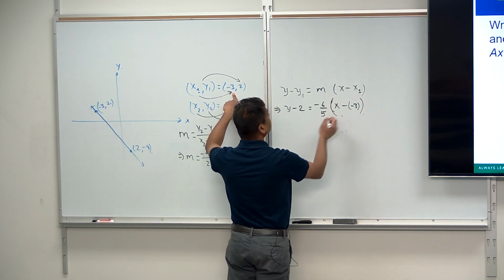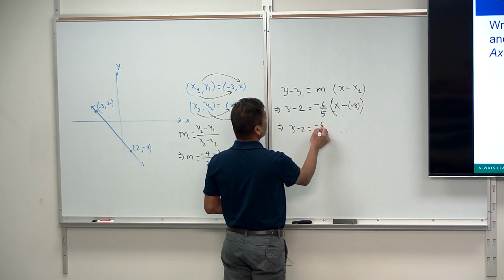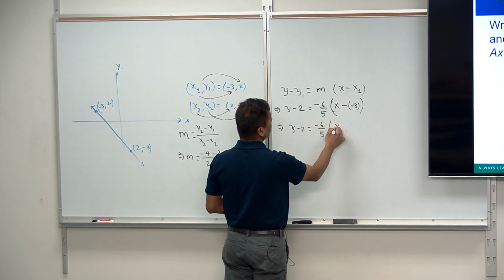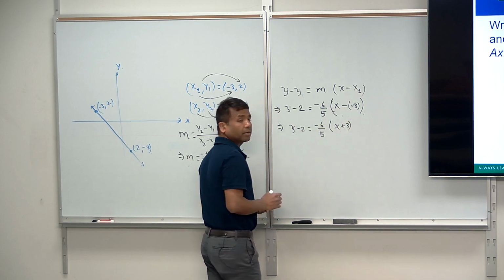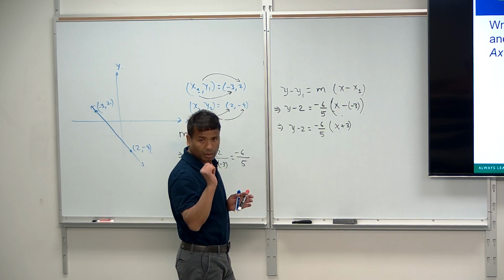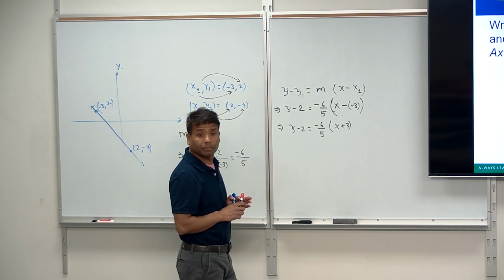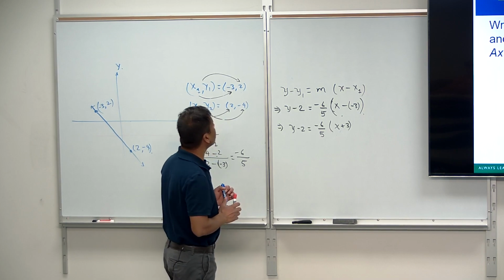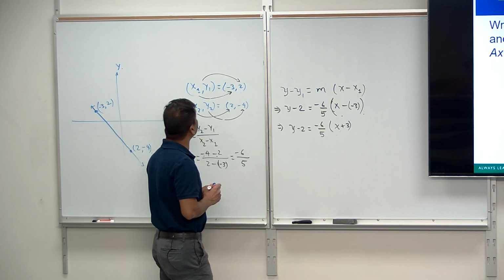So now it would be y minus 2 equal to negative 6 over 5 times x plus 3, since negative times negative is positive. Looks good, right?